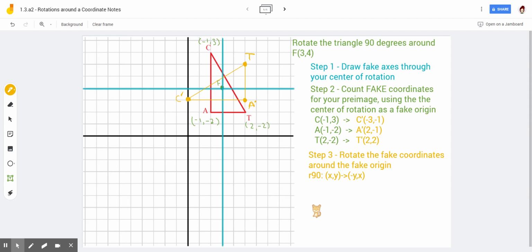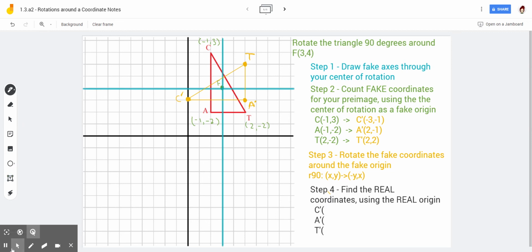And then you need to find your new real coordinates. If you're only being asked to draw it, then that's fine. But if you're typically going to be asked to give the coordinates of your image, then you need to go back to the real origin over here and count out.